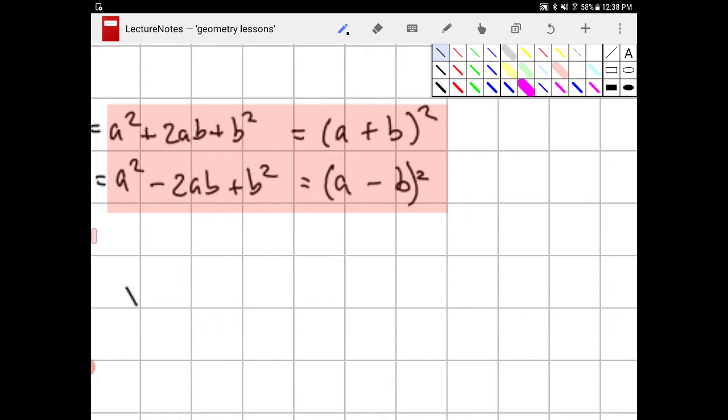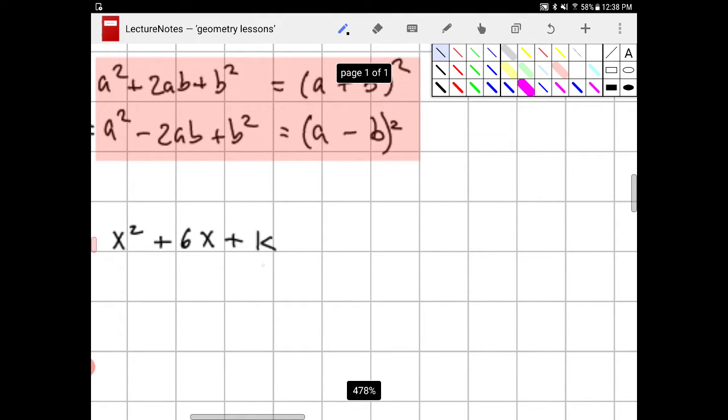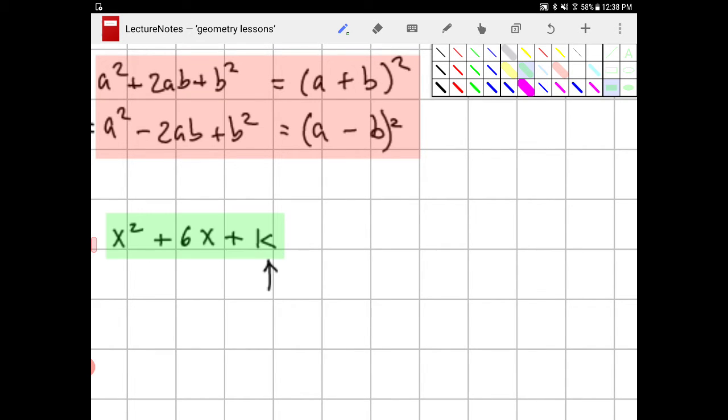Suppose you were given a question in the form of a quadratic equation. So you have x squared plus 6x plus k. We need to figure out what number to add here to make this a perfect square. Looking at this right now, which structure do you think this equation would fall under if we were trying to turn it into a perfect square?